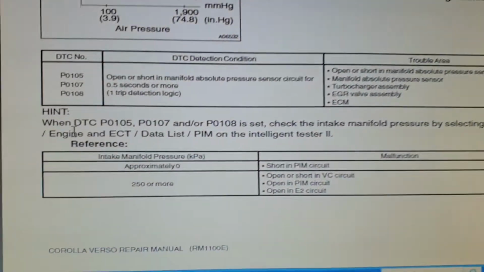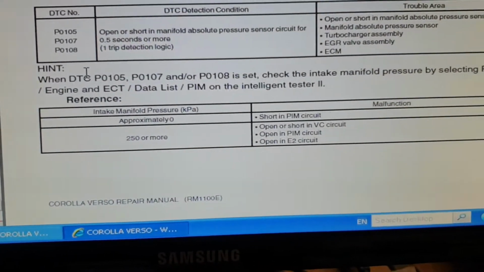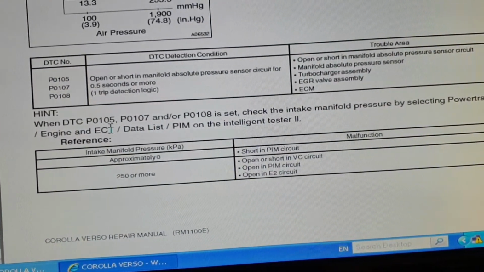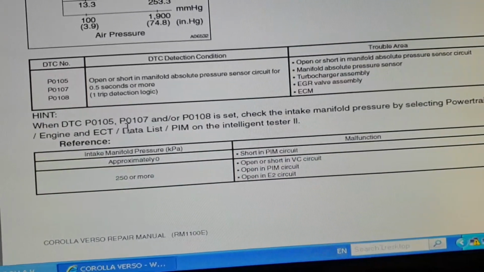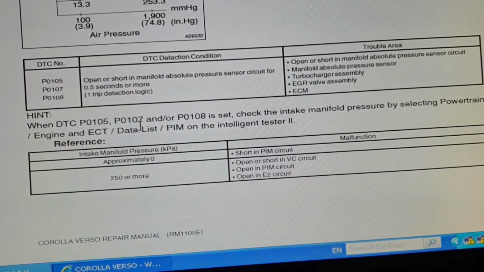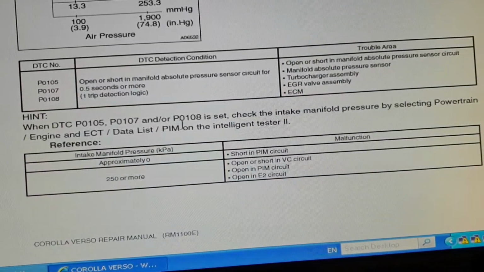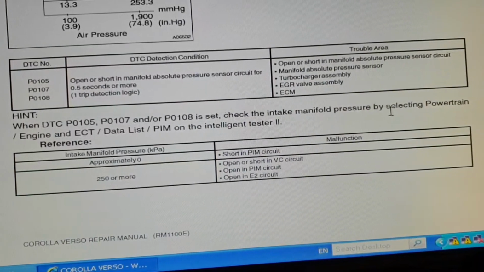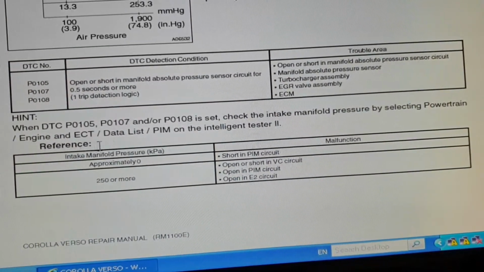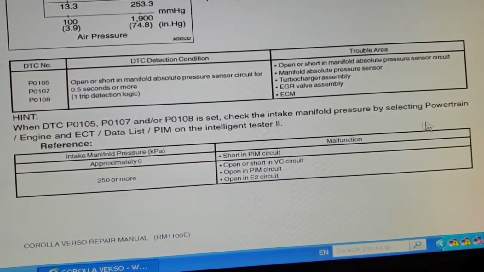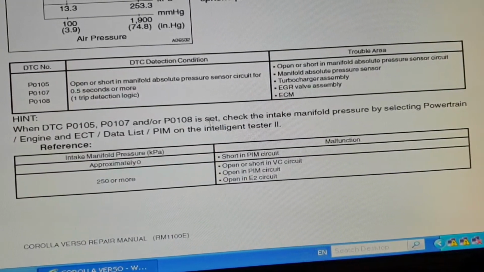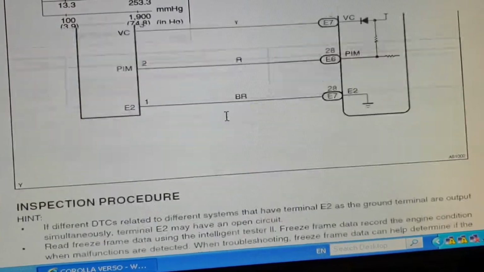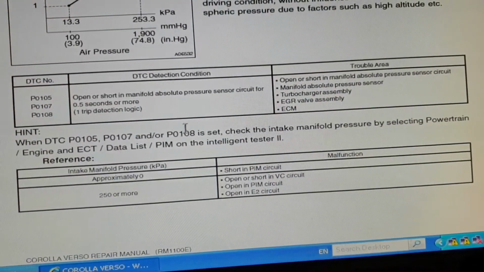So hint, when DTC P0105 and P0107 and or P0108 is set, check the intake manifold pressure by selecting powertrain, engine, and the ECT. That's their scanner, the Toyota factory scanner procedure.